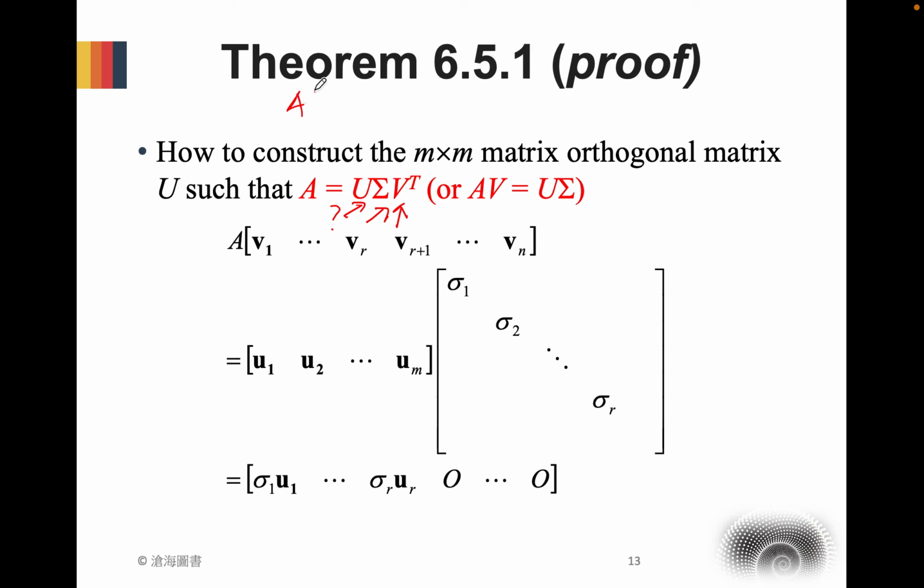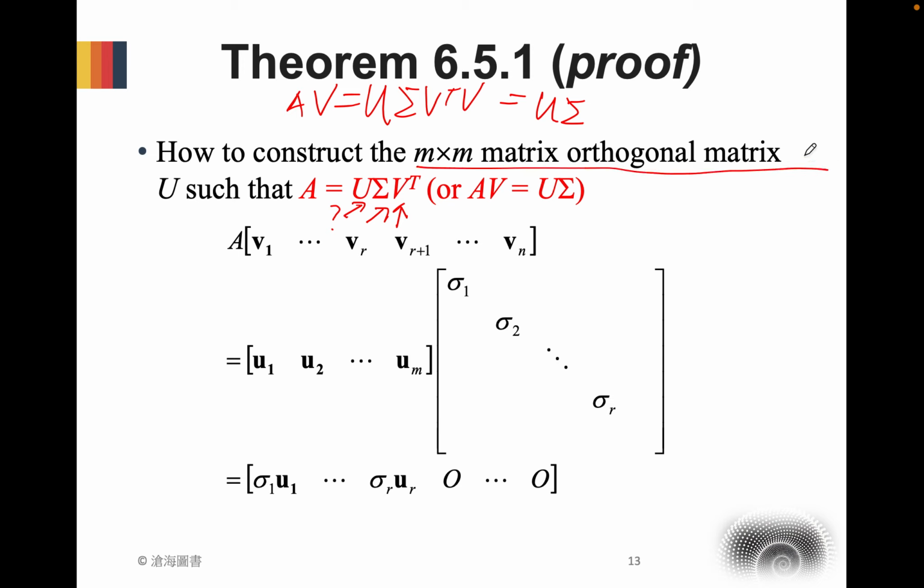It becomes A V equals U sigma V transpose V, which is equal to U sigma. If we expand A V, it becomes A times V1 V2 to VR, then VR plus 1 to Vn, which is equal to U1 U2 to Um times sigma, where U is an m by m orthogonal matrix.